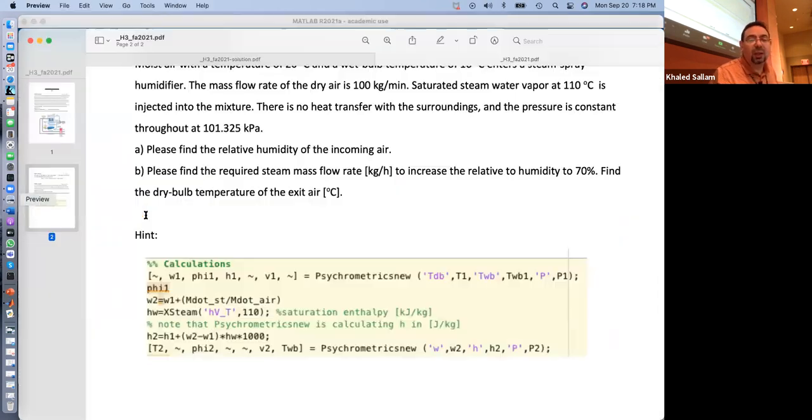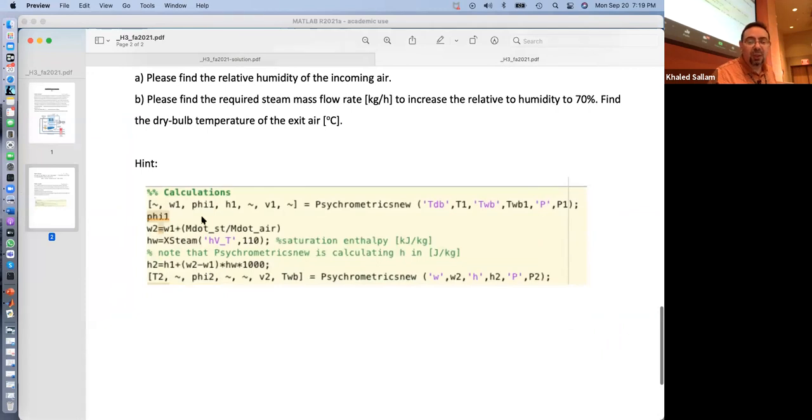So back again to the problem. What's going on here? He's calculating W1, and then he's doing W2 equals W1 plus m dot steam over m dot air. What is that? That's the continuity equation I've been writing all over today. The amount of water you are spraying in or condensing from the air stream is simply m dot air times the difference in W. If you are humidifying, it's W2 minus W1.